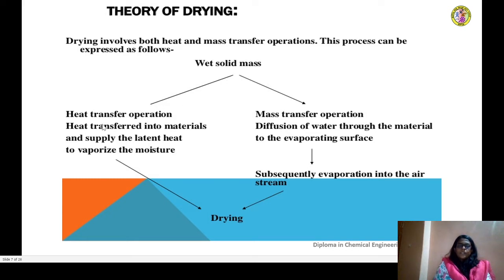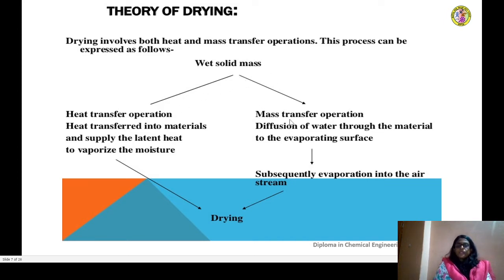So one thing that takes place is the heat transfer into the wet material and supply of latent heat of vaporization of the moisture. So this amount of heat is required to evaporate the moisture present in the wet solid, and due to that the moisture evaporates and transfers from the wet solid to the gas phase, that is drying medium.